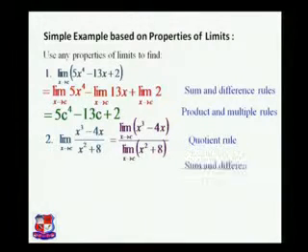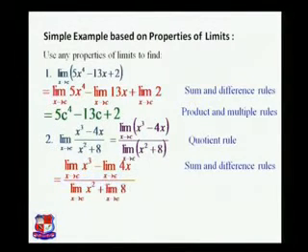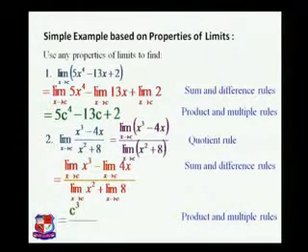This is the quotient rule. Then we will use the sum and difference rule, so that will equal this one for the numerator, and this one for the denominator. So after all, we will get the answer c cube minus 4c upon c square plus 8. This is the answer of the limit using the properties of limits.